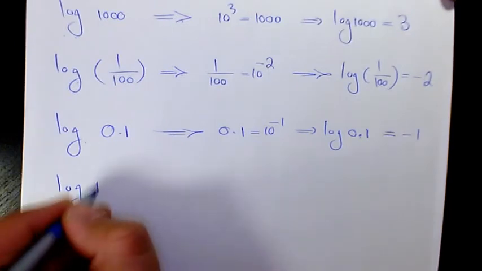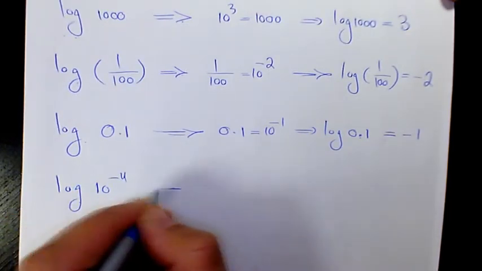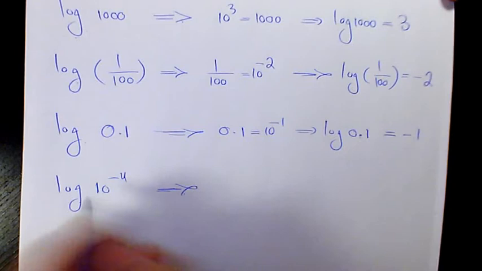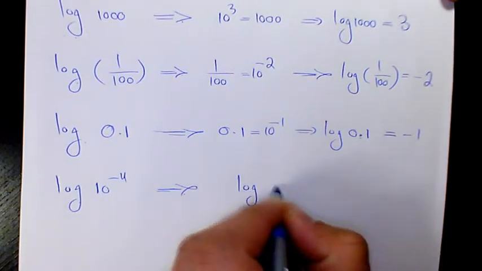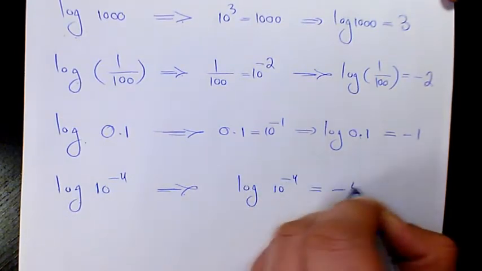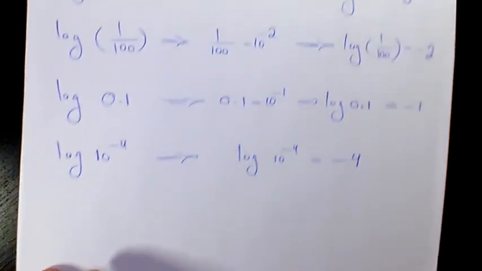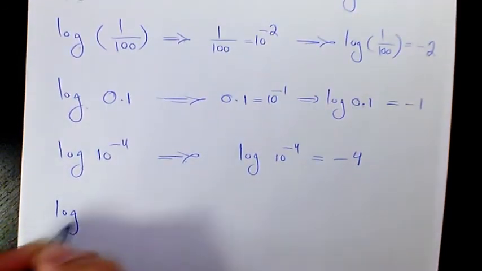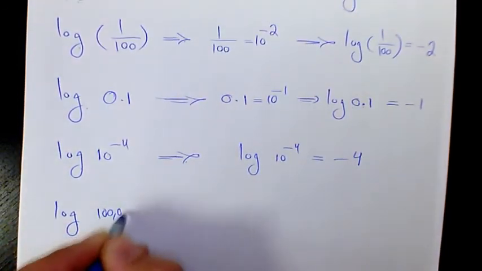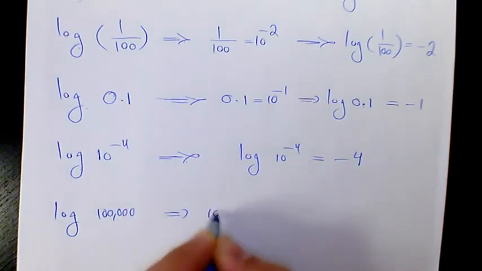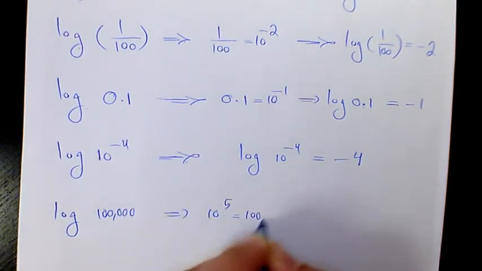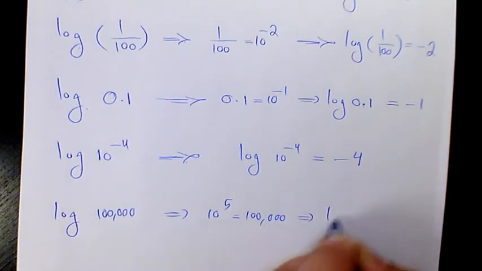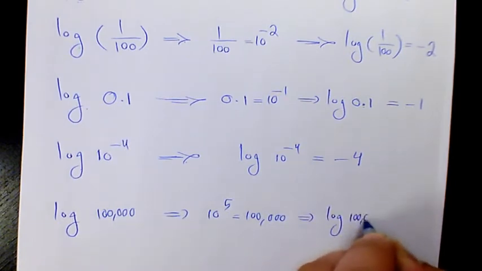Log 10 to the power of negative 4 is going to be negative 4. Log 100,000. You know 10 to the power of 5 is 100,000. So log 100,000 is going to be 5.